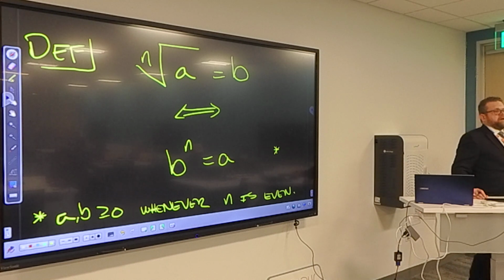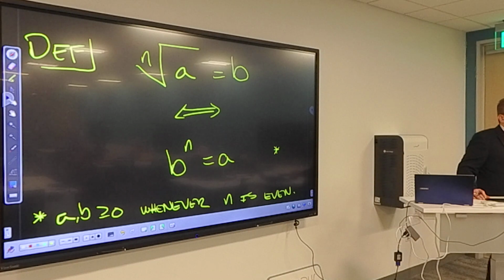So that means if we were looking at the third root of some number, that number could be negative. And if it is, then the result will also be negative.